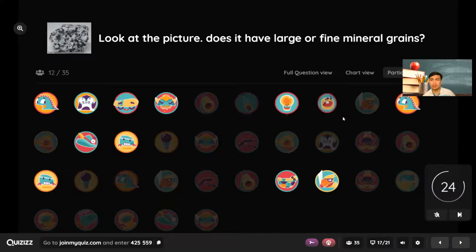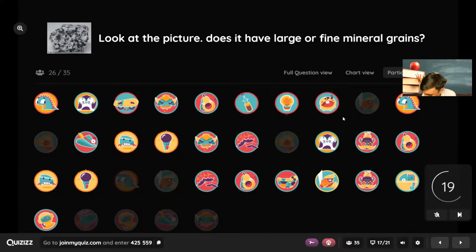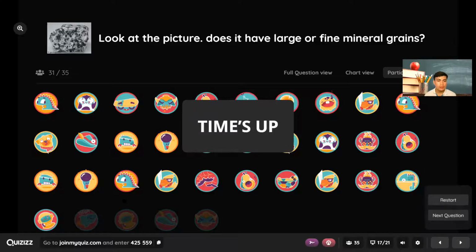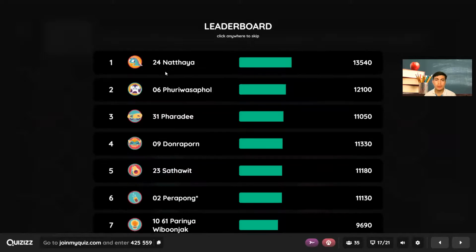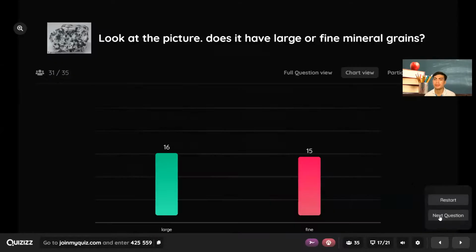Does it have large or fine mineral grains? Okay. Leaderboard now is still Nataya. Don Rapon is number 3, Satawit, Pirapong.